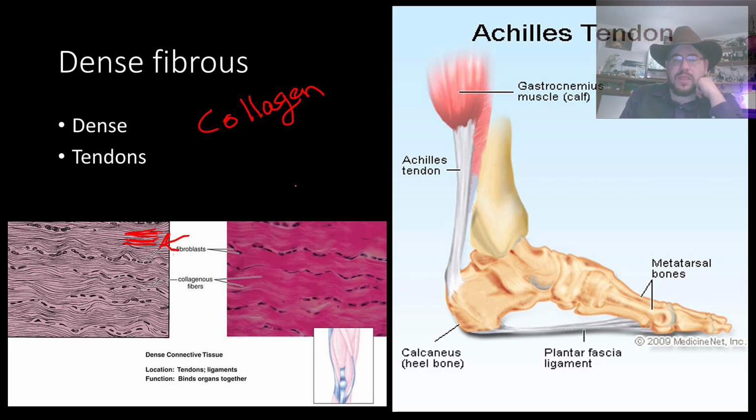A tendon connects a muscle, like your gastrocnemius, your calf there, to a bone. So here's the bone, the calcaneus, your heel bone, and here's the Achilles tendon.